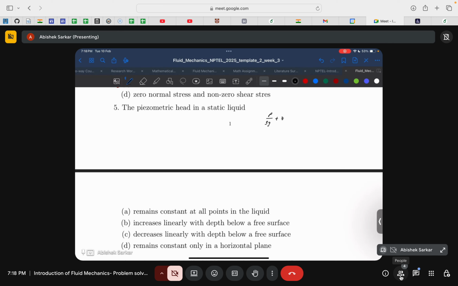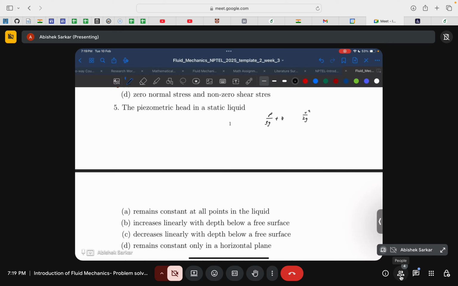So just as a general norm or terminology, these are represented as or named heads. There is also a kinetic energy head, which will be v square by 2g. But piezometric head means the summation of the pressure head, P by rho g, plus the potential energy head, that is Z. And Z is measured from a particular reference level.